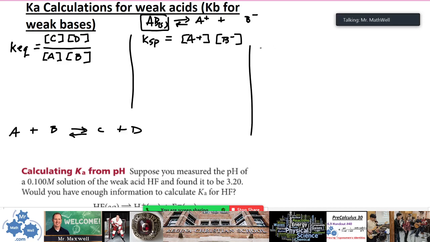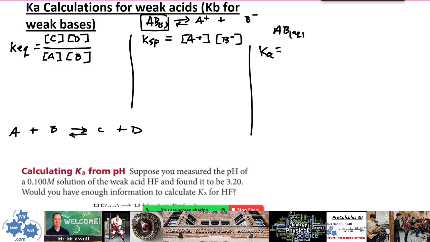Now, for the Ka, and I'll just use Ka as an example. Kb would work for a base, but let's just focus on Ka, one type of calculation. So for Ka, let's say we have AB, and this is aqueous. It's an aqueous acid, okay? And so AB is going to, again, dissociate into A plus and B minus.